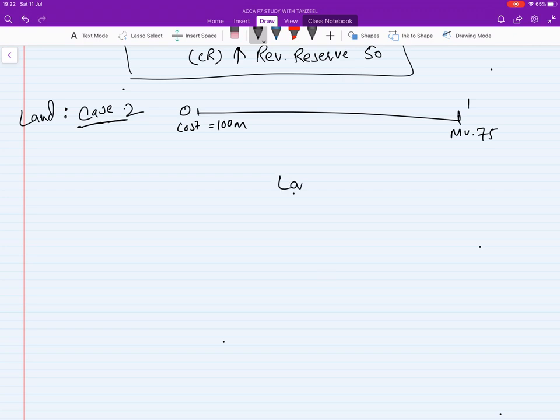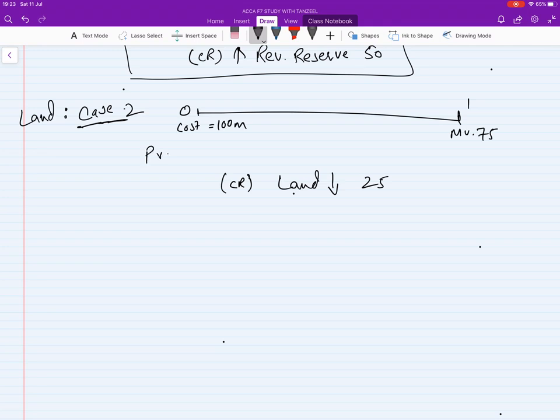So you credit land directly because the land has decreased by 25. If the asset is decreasing, then we credit the asset. What are you going to debit? As per the prudence concept, when you see any loss, you expense it out.